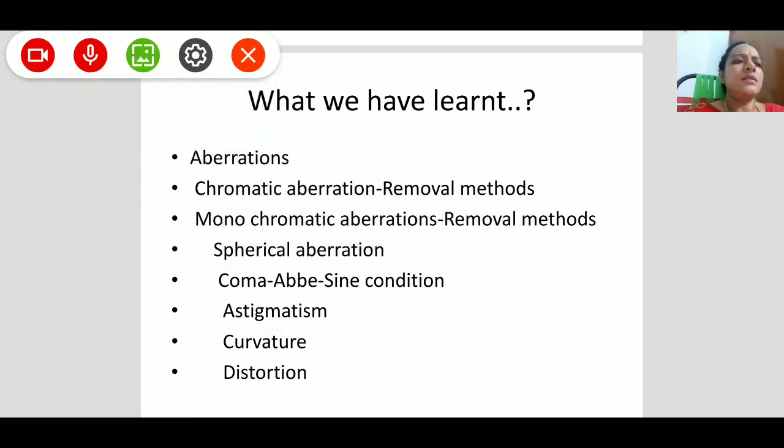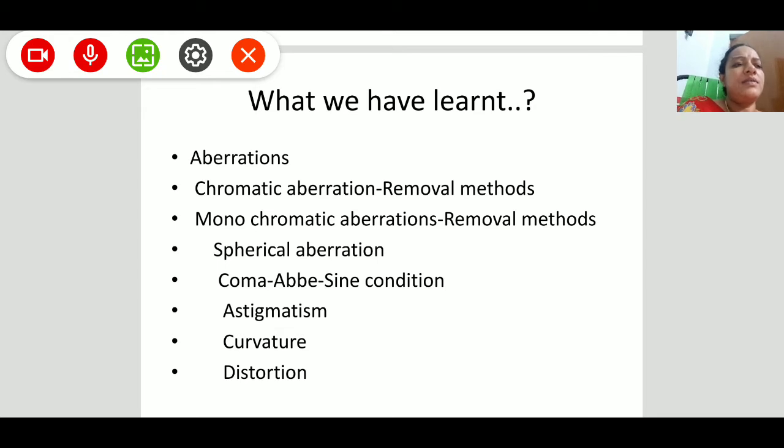In this class, let us solve some problems based on the aberrations lesson which we have completed. In this lesson, we learned that aberrations are of two types.